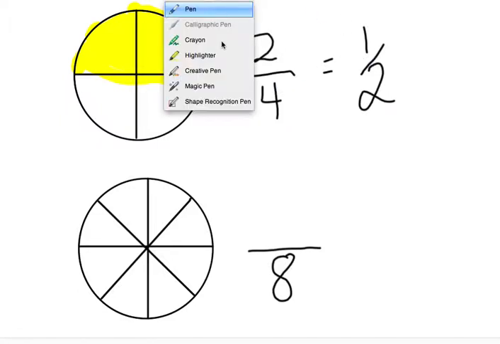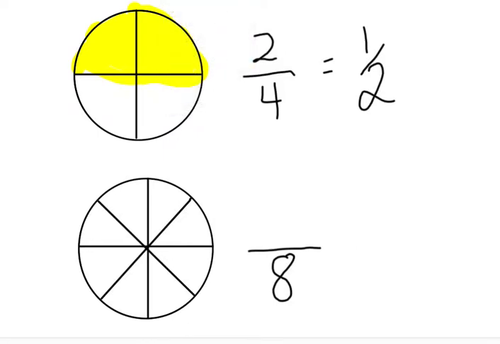shade in the same amount as I did at the top. Try to be a little more careful this time. If I shade that in, it's the same top piece of the circle as I have on top, but how many pieces did I color? 1, 2, 3, 4.